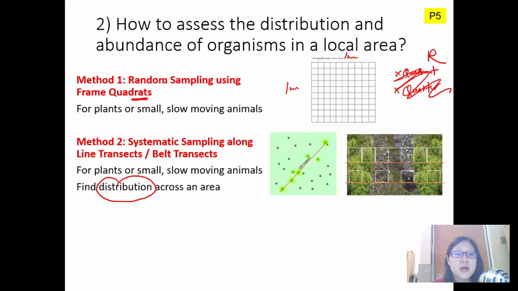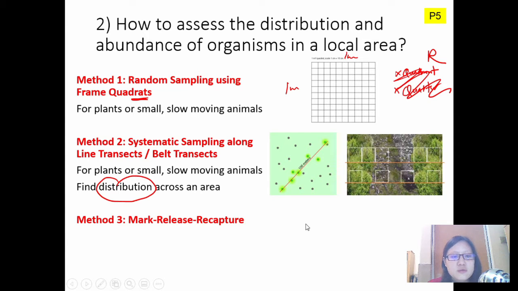Random sampling is where you take the quadrat and randomly put it in a spot in the habitat. However, in systematic sampling, you take samples or use the quadrat along a line, so it's not random. Or we can use a belt. We will go into the details later on.